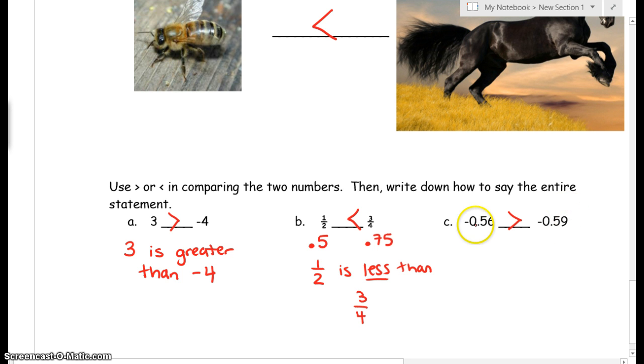Okay, so remember, this one is a really good one. Be careful on this one. You would see negative 0.56 first on the number line. So here's 0. You would see negative 0.56 first, and then negative 0.59. Okay, so just be careful with that one, please.